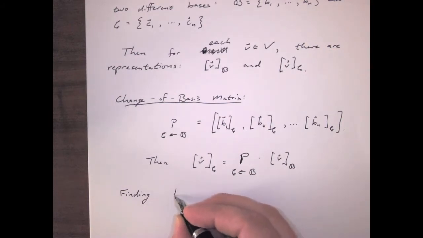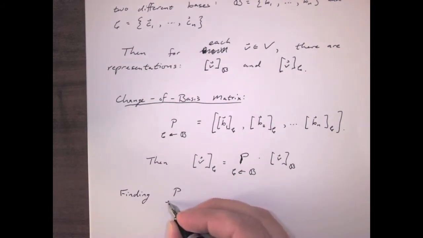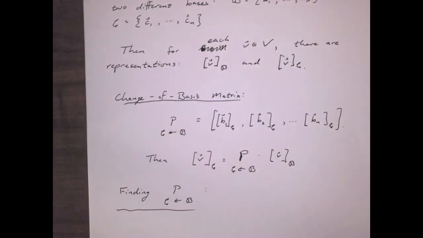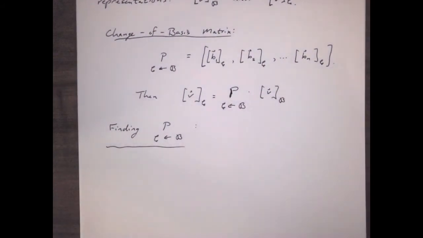So, finding P. Alright, well, case 1 is where basically we are already told what the recipe for P is, just in sort of indirect form.